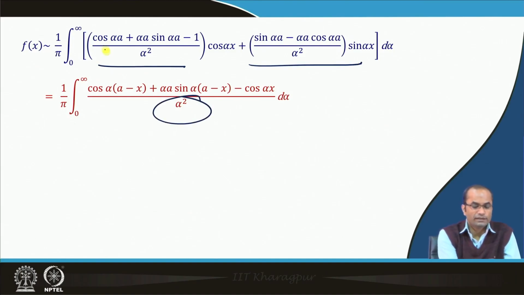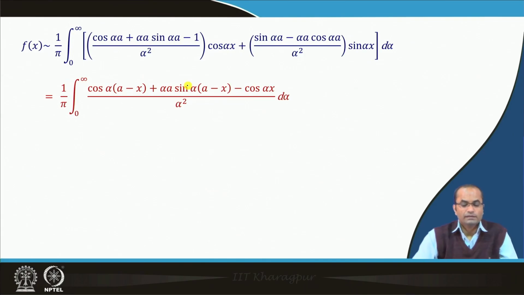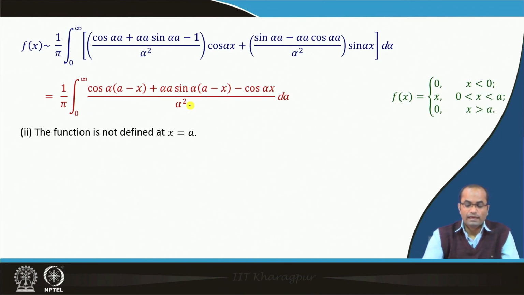So, this alpha square, and then we can just write this down with the help of the trigonometric identity, because here again we have cos A cos B, then sin A sin B, and here sin A cos B and cos A sin B, etc. So, that can be simplified to give this expression for f(x), and you just recall that f(x) was defined in this way. So, in 0 to a the value was x, otherwise it was 0.